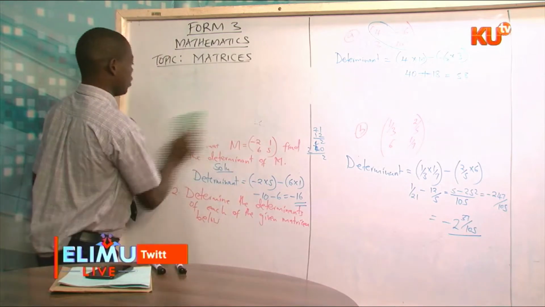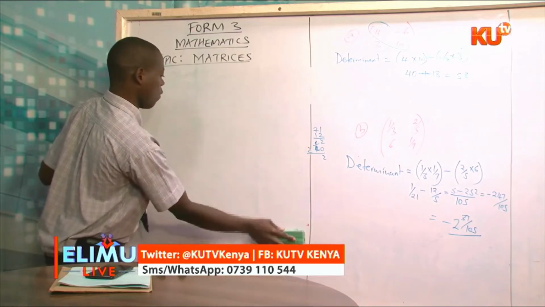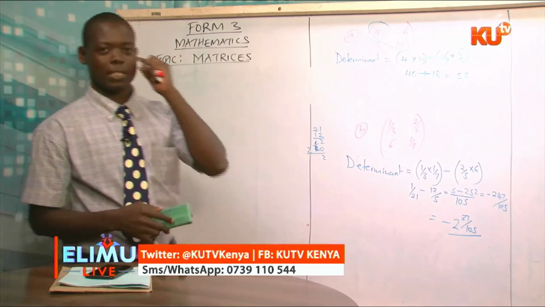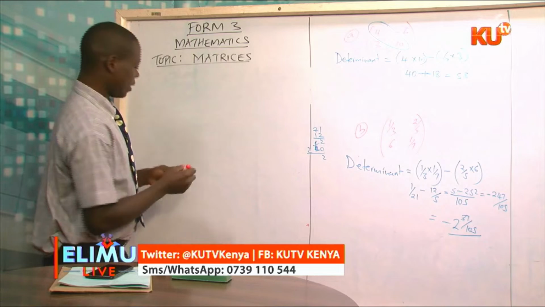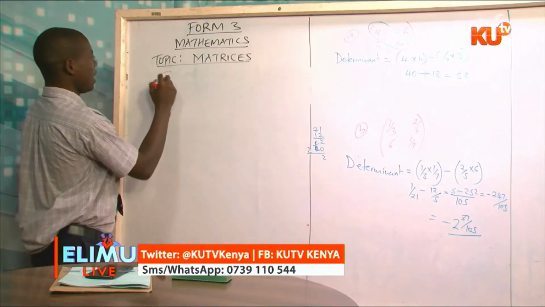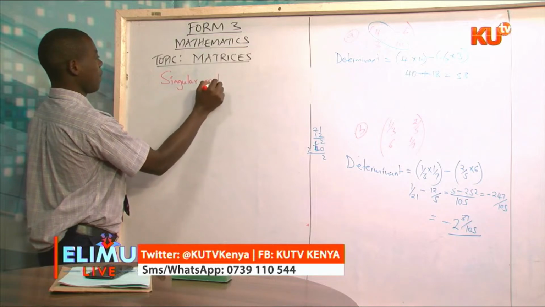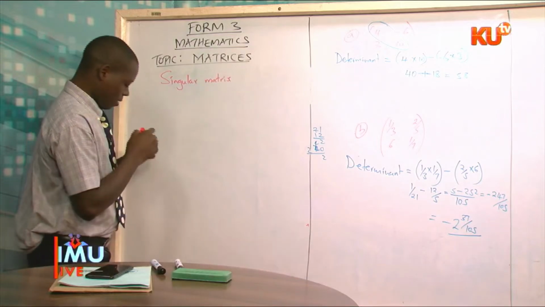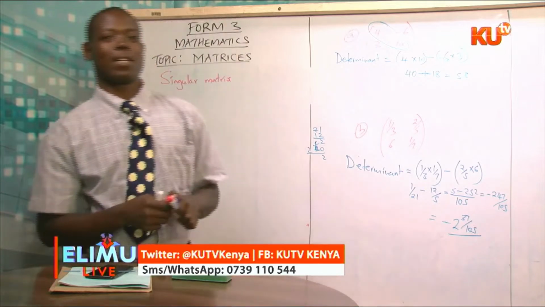That is what students need to understand in the case of the determinant of a 2 by 2 matrix. But to make an extension to that, students need to understand there is something we call a singular matrix. So what is a singular matrix?